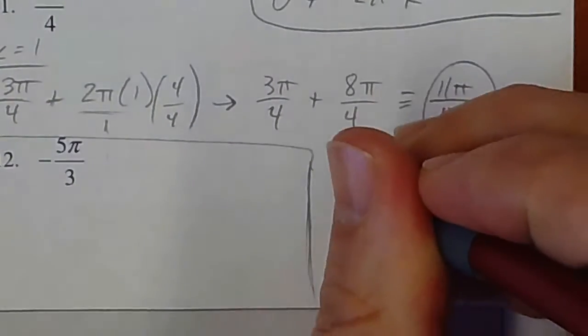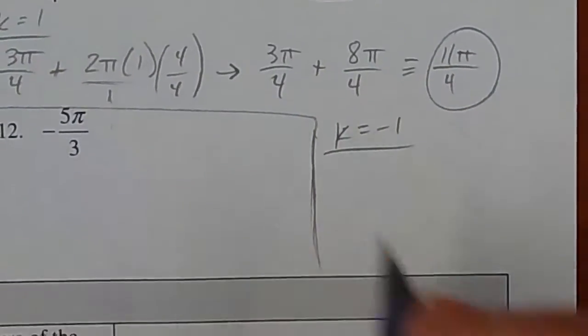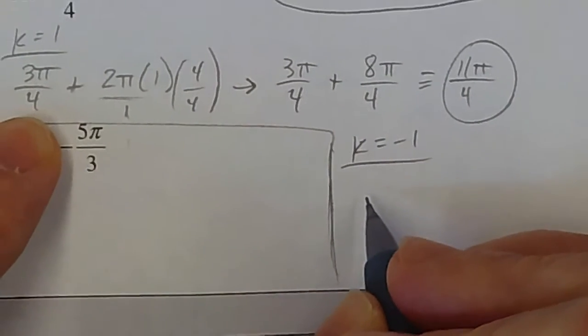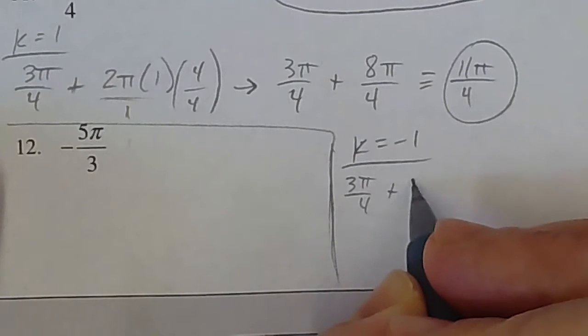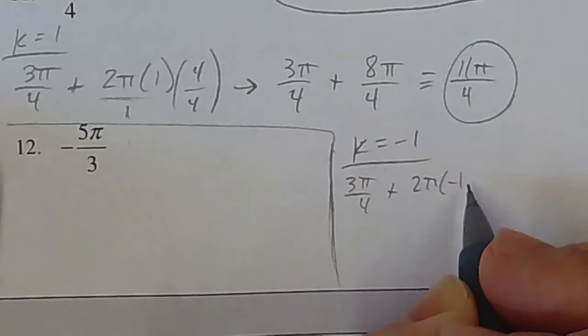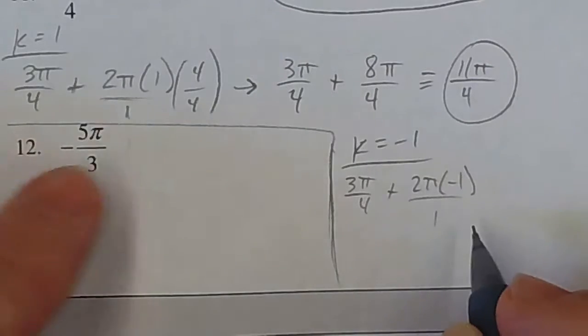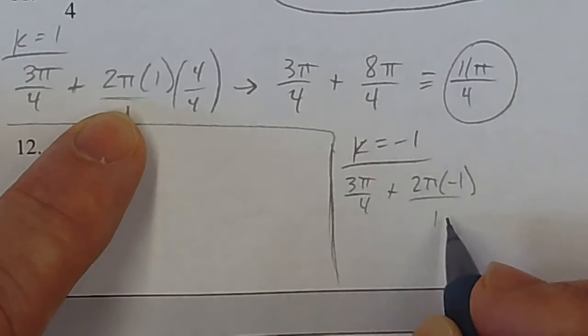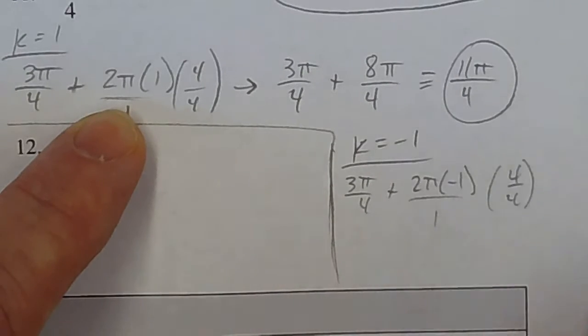All right, so let's let K equal negative 1 now. So the same format. So 3 pi over 4 plus 2 pi times negative 1. So getting the common denominator is going to look just like what I did over here. Still got to multiply it by 4 over 4, to get this expression.